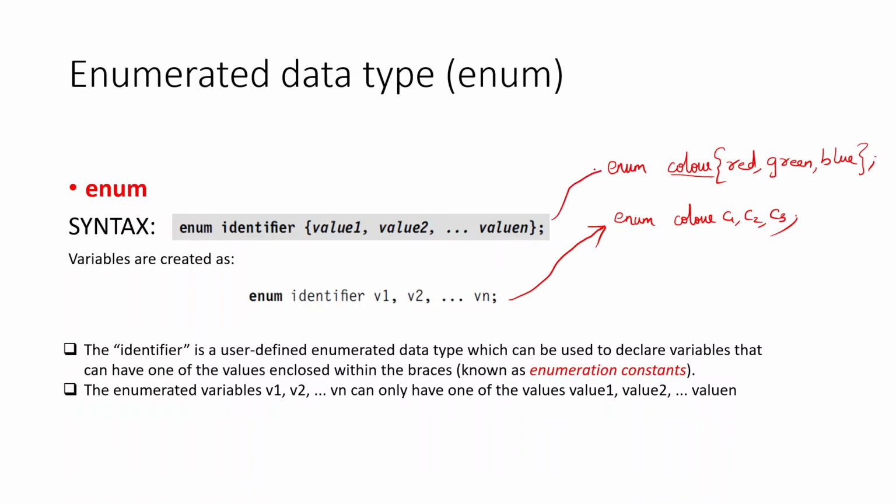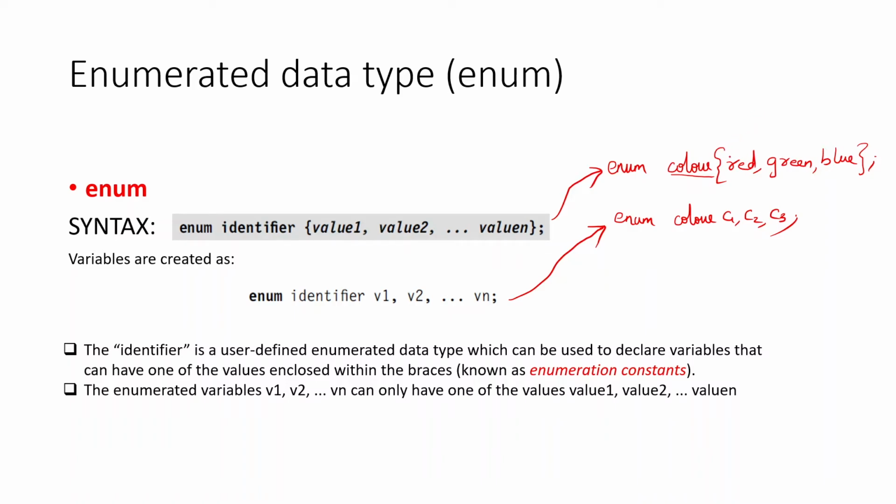So this is how you define variables for an enumerator data type. This is how you create or define an enumerator data type. This is how you create variables. Hope you understood it. So this is an identifier name. This is the name of the enumerator data type, and these C1, C2, C3 are the variables. And what is the meaning of this? This means that the enumerator data type called color can have three possible values, say red, green and blue. Whatever values are specified inside the curly brackets, these are the possible values which this color can take.